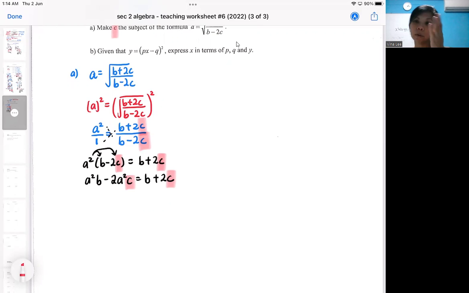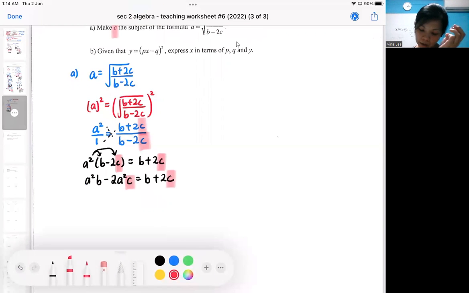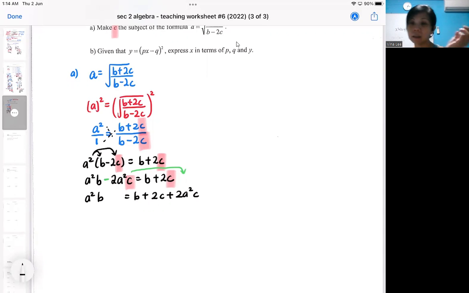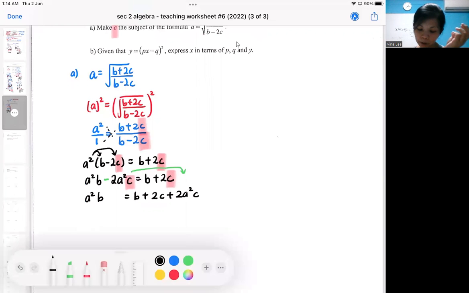Usually we will shift the subject to the left. I have this habit: if this one comes with a minus, I might want to shift it to the right. To me, it looks neater. And my subject is still there.